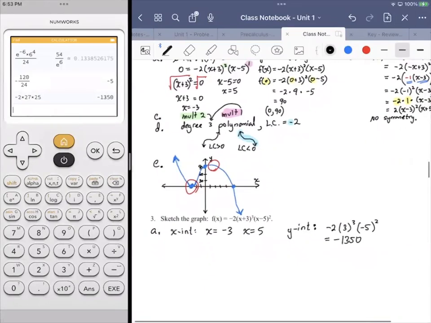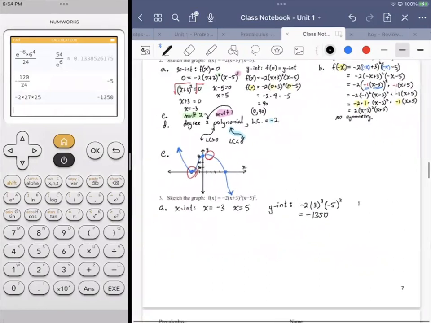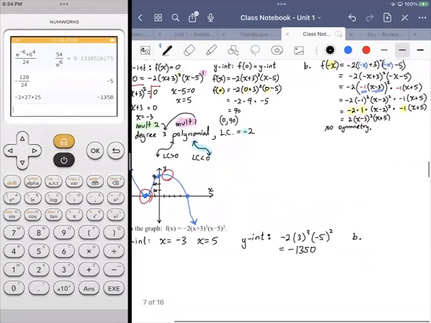So then for symmetry, just do it the way I did before. Put it over here. I'm going to replace each x with a negative x and see where that gets me. All right. But again, like I mentioned before, you could do it with a test point. Right. So let me do it that way, actually, because I already did it the longer way.